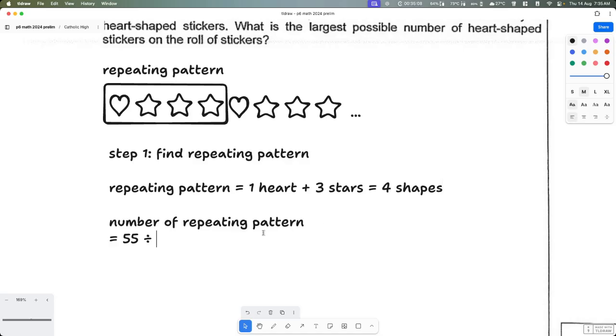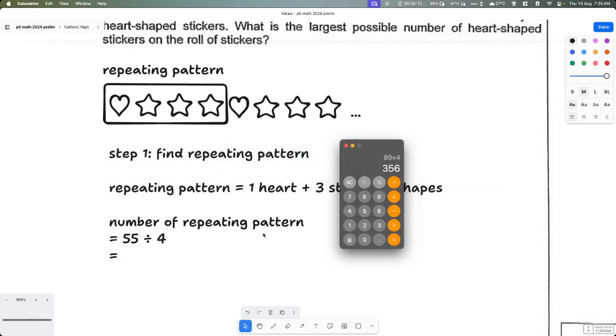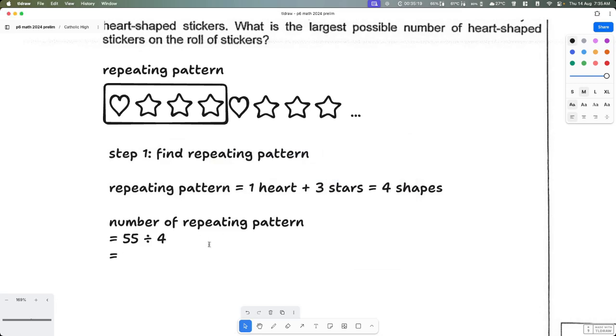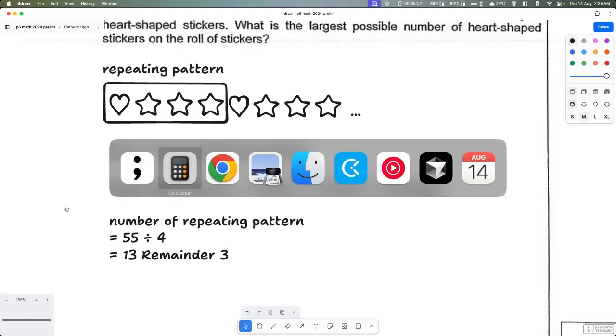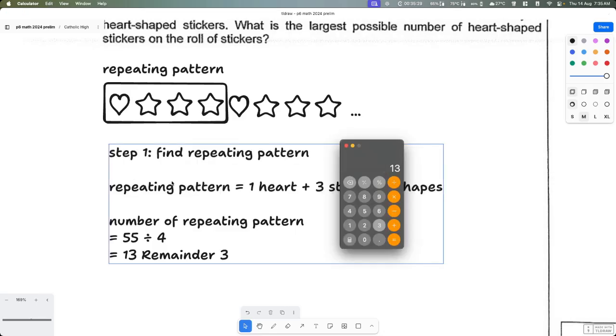So the number of repeats is 55 divided by 4, which gives us 13.75, so 13 with remainder 3. If I use my calculator, 13 times 4 is 52, plus 3 is 55.